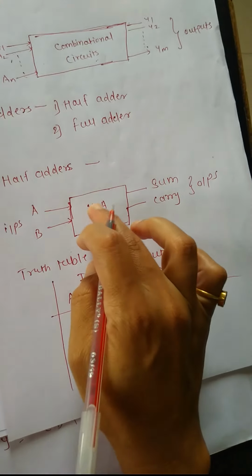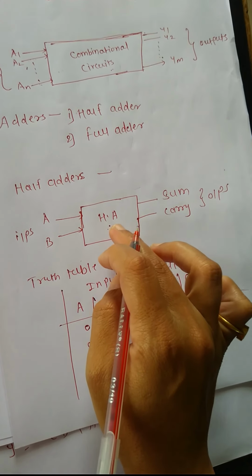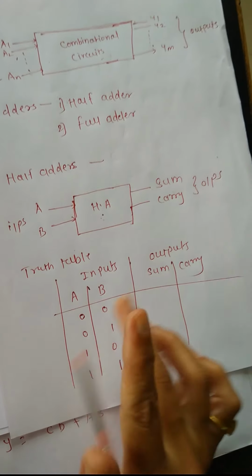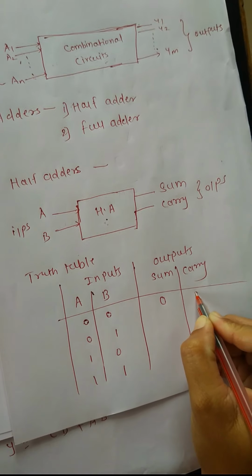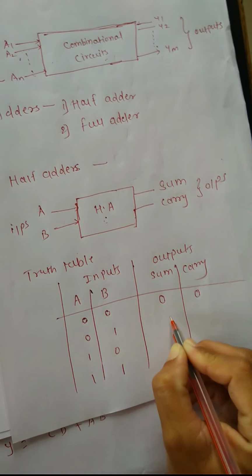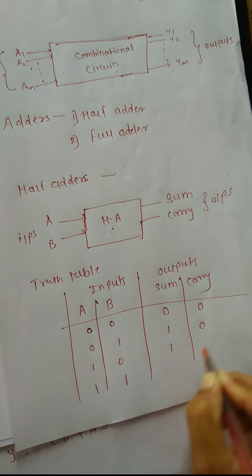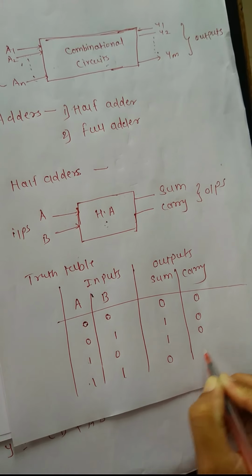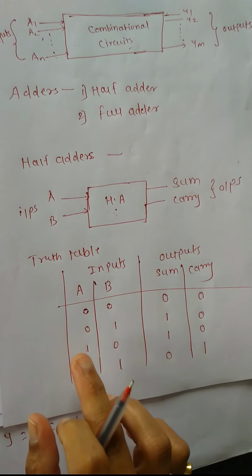This half adder is the building block that adds two single bit numbers. So A plus B: 0 plus 0 gives sum 0 carry 0, 0 plus 1 gives sum 1 carry 0, 1 plus 0 gives sum 1 carry 0, 1 plus 1 gives sum 0 carry 1. This is the truth table of the half adder.